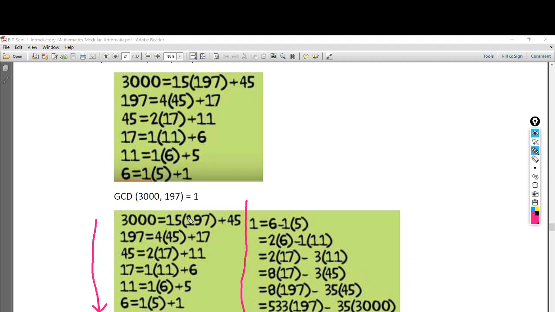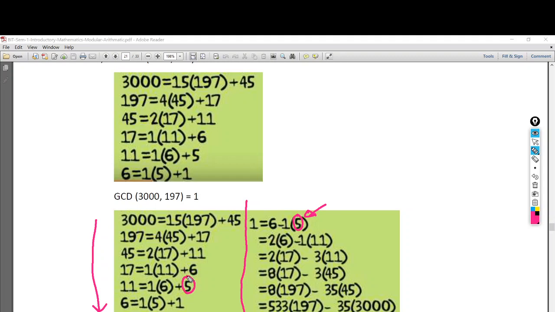So we know that 6 is 1 into 5 plus 1. So we can take 1 to the other side and say 1 equals 6 minus 1 into 5. Then what you are supposed to do is, to this 5 you can take it from the above one.